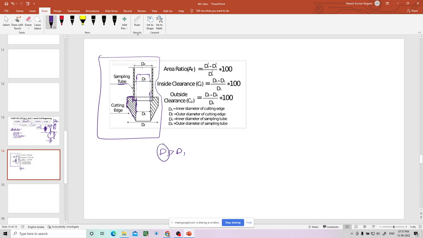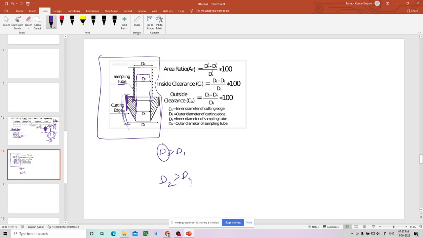Next, this is the outer diameter of the cutting edge, D2. That is more than the outer diameter of the sampling tube, D4. Why? When the sample is going inside, some soil is going in this direction also.